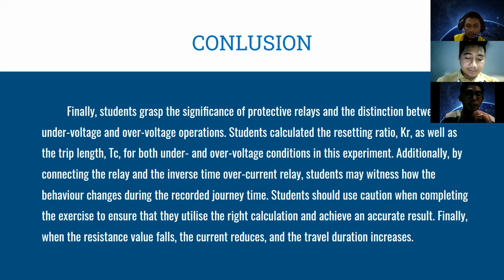Additionally, by connecting the relay and the inverse time over current relay, students may witness how the behavior changed during the recorded trip time. Students should use caution when completing the exercise to ensure that they use the right calculation and achieve an accurate result. Finally, when the resistance value falls, the current reduces and the trip duration increases.